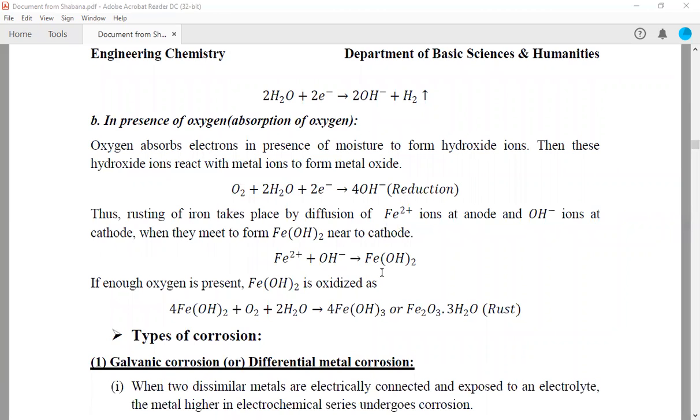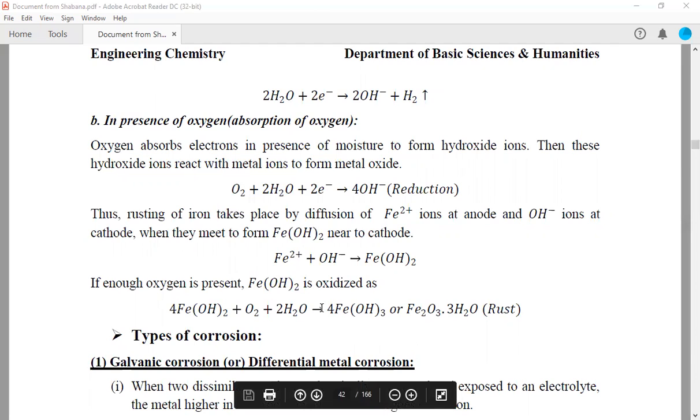Thus, the rusting of iron takes place by the diffusion of the ferrous ion at the anode and hydroxyl ion at the cathode, which meet to form ferrous hydroxide near the cathode. If enough oxygen is present, this ferrous hydroxide undergoes further oxidation to form ferric hydroxide, which forms a reddish brown precipitate called the rusting of iron.